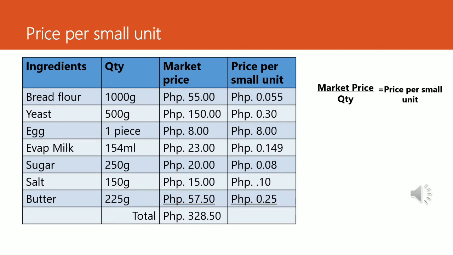For the butter, 57.50 per bar divided by 225 grams is equal to 0.25 centavos per gram of butter.